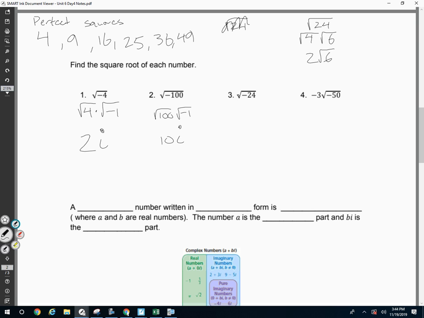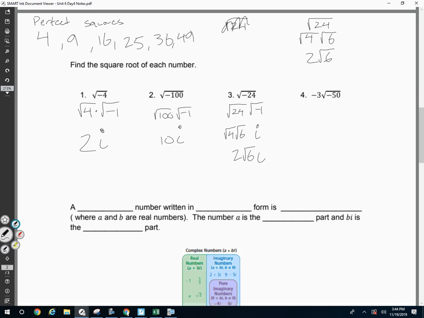So, if I wanted to simplify the square root of negative 24, watch what I'll do. I'll split it into the positive side and the negative side. Positive root 24, and then negative 1 underneath square roots. I will then take this 24 and write it as root 4 root 6. Root negative 1, I'll say is i.